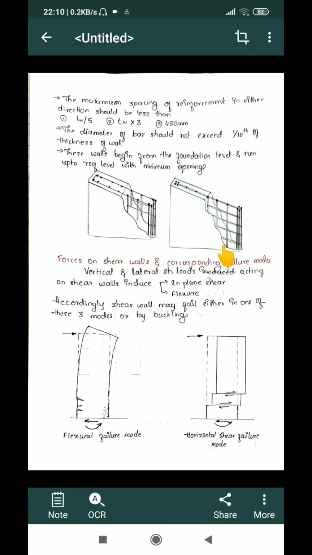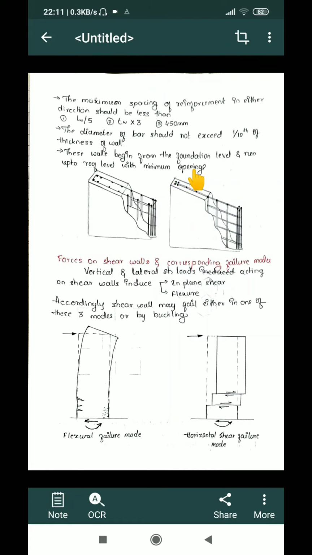If the wall is in the xy plane, I am going to provide reinforcement along the x direction as well as along the y direction, and these reinforcements are equally spaced in between. At the edge or end of the walls a bunch of reinforcement is provided.